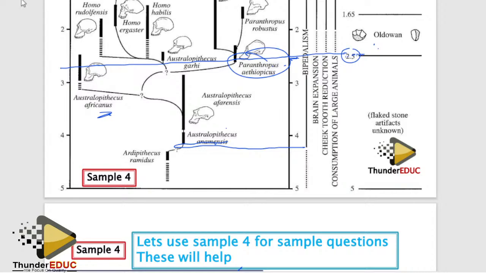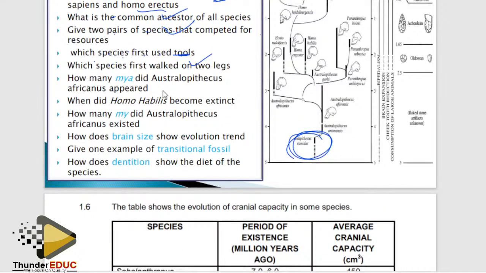So then they're asking you another question. How many million years ago did Australopithecus africanus appear? When you talk about Australopithecus africanus, okay, how many million years ago did it appear?